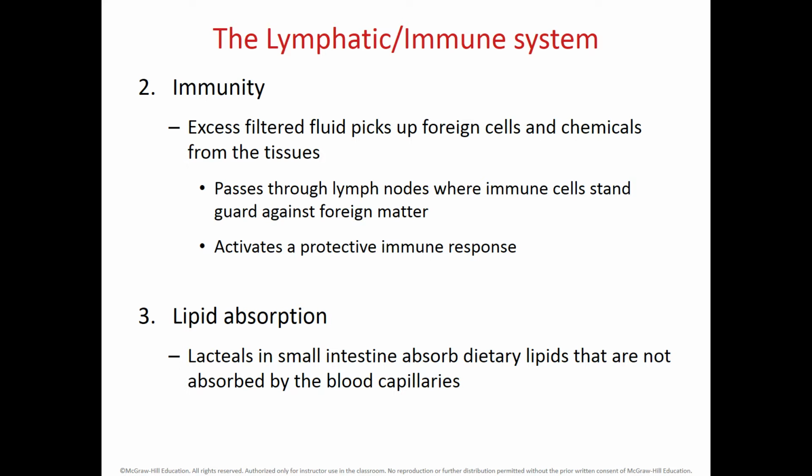The other function of the lymphatic system is to pick up lipids. Within our intestines, whenever we ingest lipids, they are broken down into small molecules by the enzymes released by the pancreas, and then the intestinal cells in the jejunum and in the ileum start absorbing these lipids.